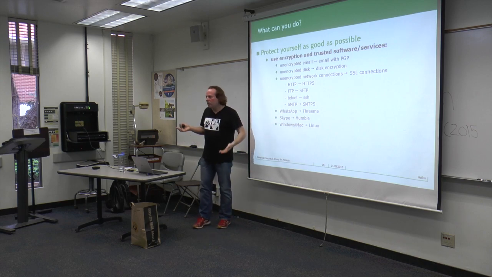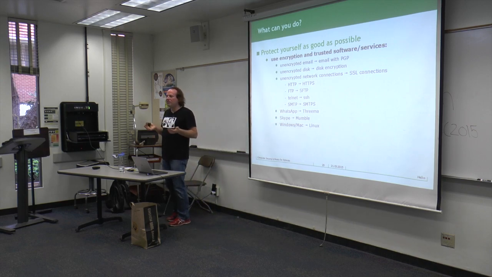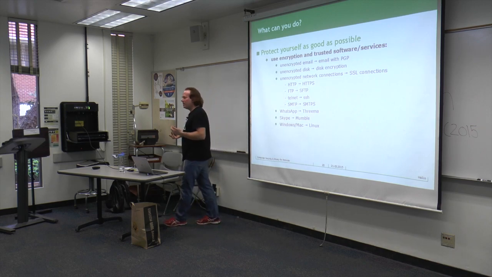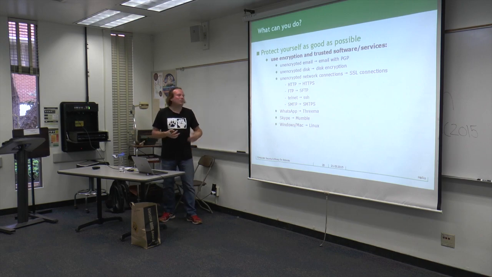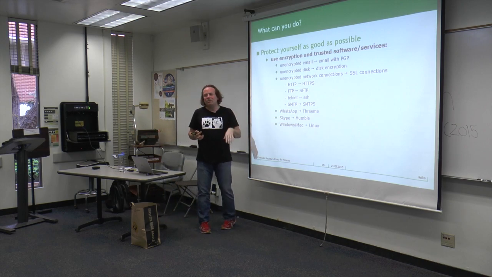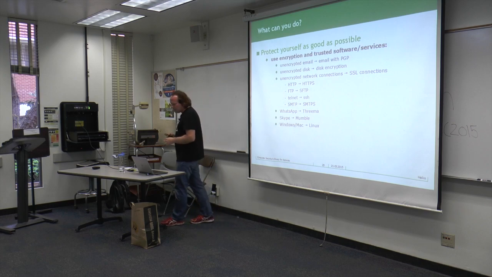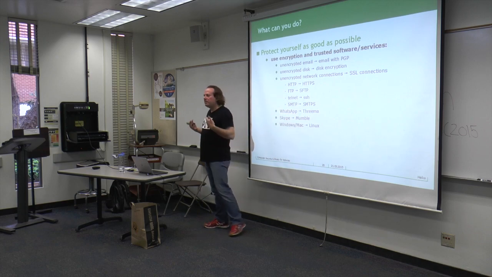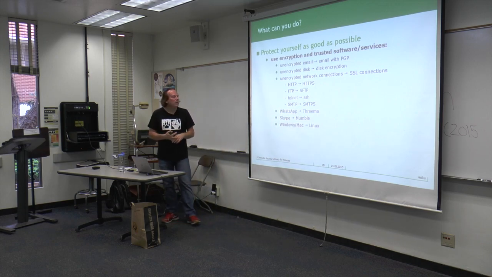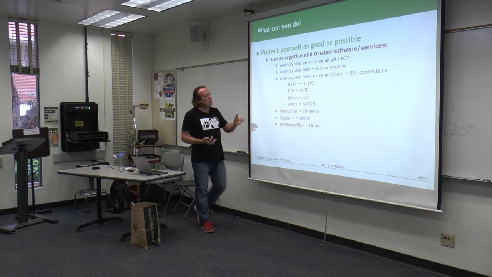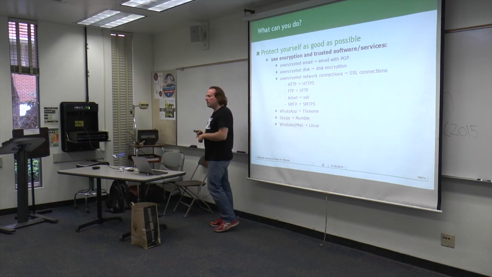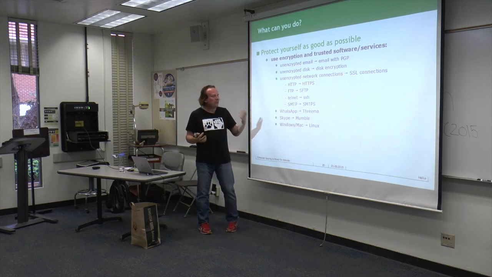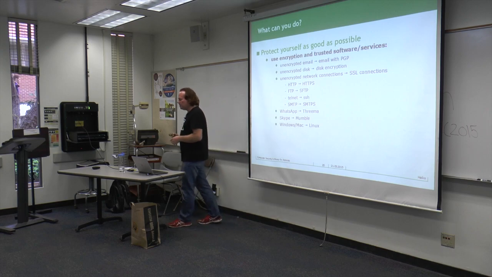I don't know how many people are using WhatsApp here. You probably all know that WhatsApp was bought by Facebook, and WhatsApp information is not, I think they are now switching to encrypted, but it at least used to be not encrypted. There is an alternative to WhatsApp called Threema, which got popular when WhatsApp was bought by Facebook. Threema is a Swiss company that's operating from Switzerland, so it's very hard for at least a lot of government agencies to get access to this information.